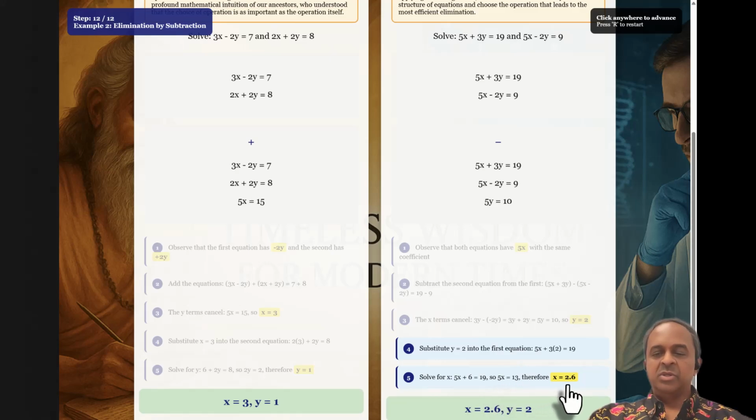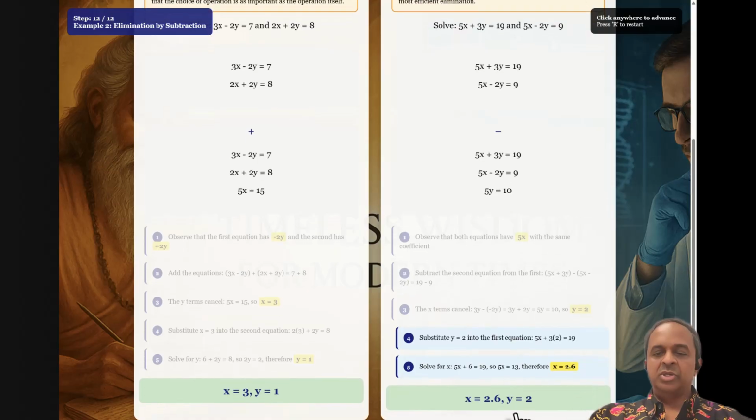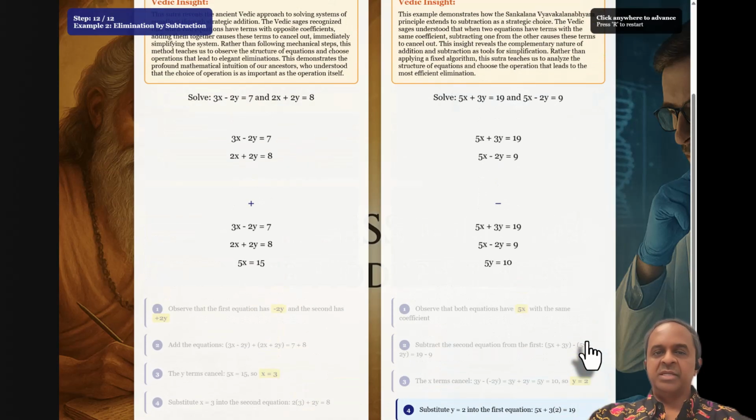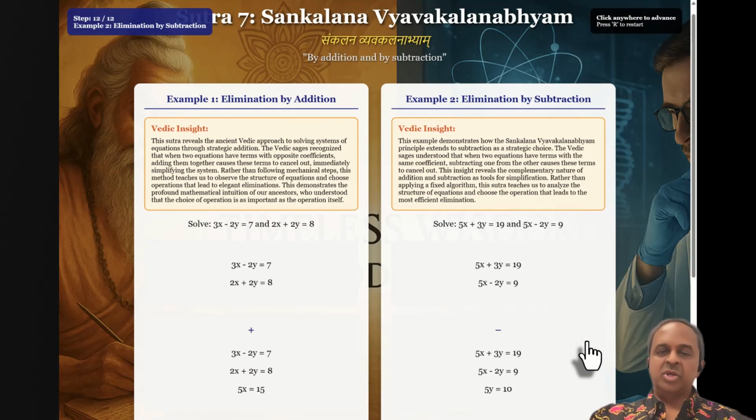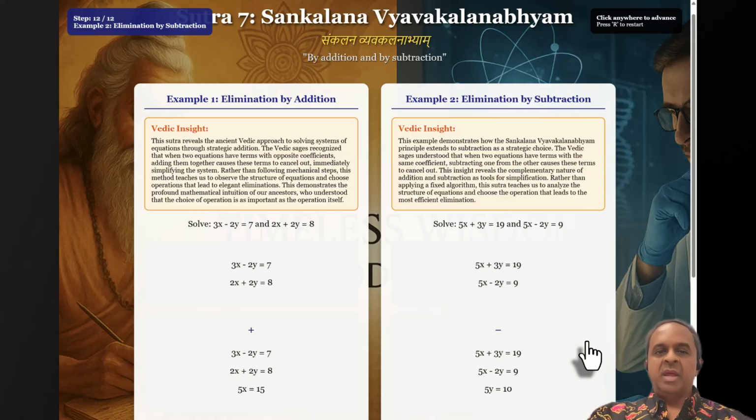So x equal to 2.6. So y equal to 2, x equal to 2.6, right? Again, you saw that just by observing the pattern of the equations, you can determine which principle to apply in this Sankalana sutra.